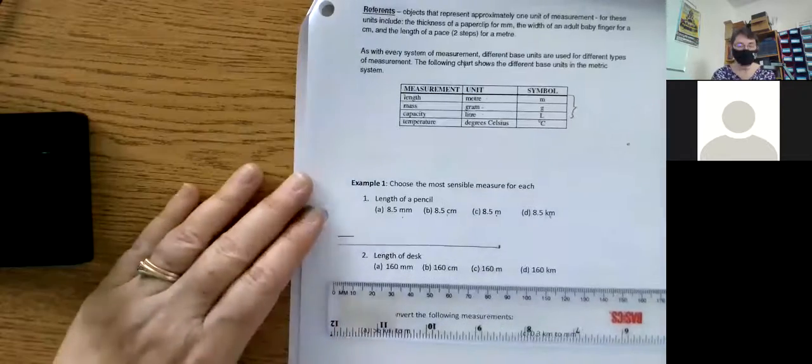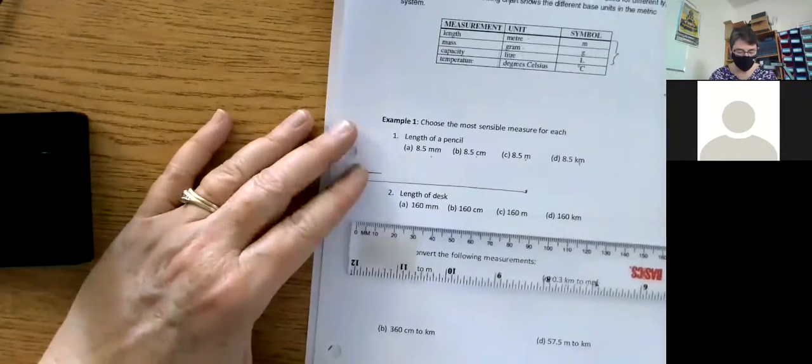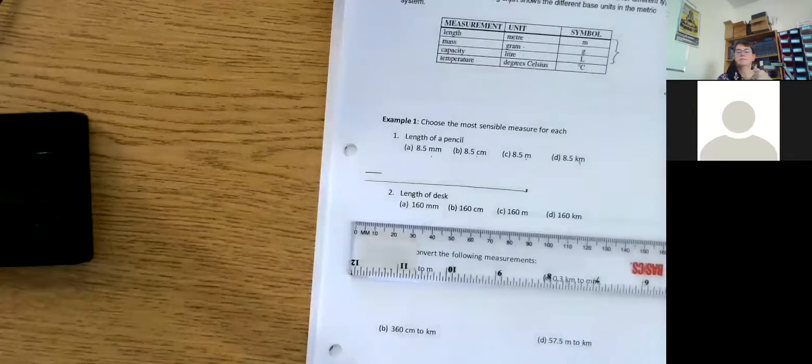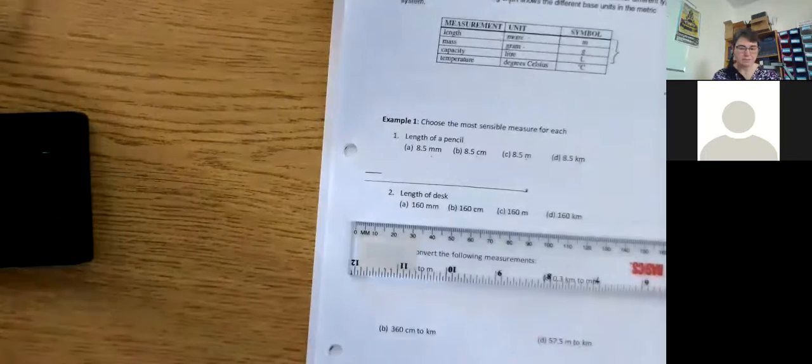All right, so length of a desk. Take a look at that and see what you guys can come up with. All right, Corey, picking on you. What do you think? Perfect. 160 centimeters.